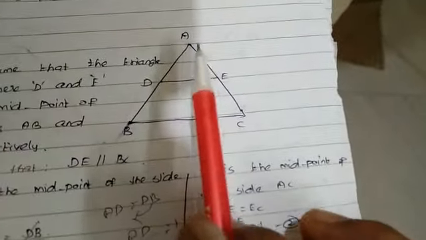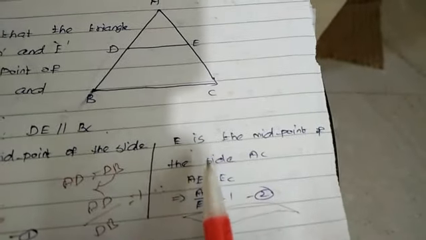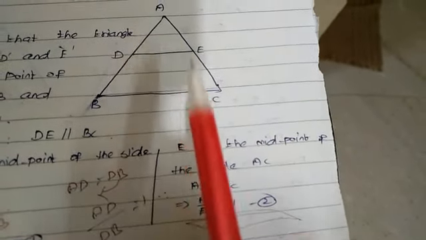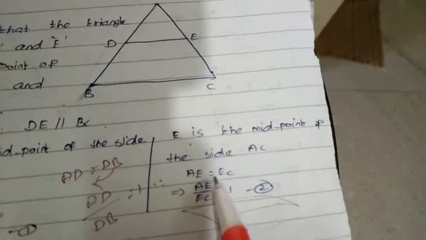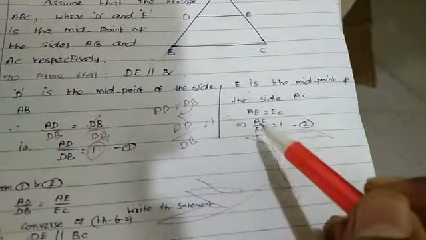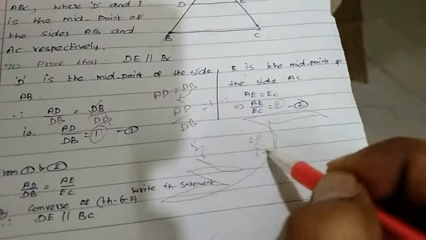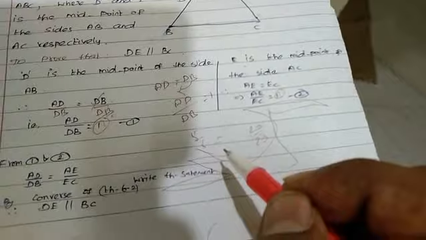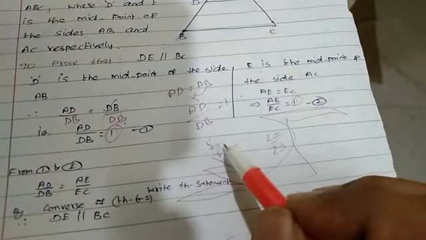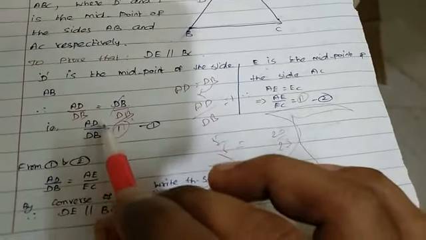Similarly, E is the midpoint means AE equals EC, that is AE divided by EC equals 1. So now here the ratio is 1, and here also the ratio is 1. These ratios are equal now. So AD divided by DB and AE divided by EC are equal.